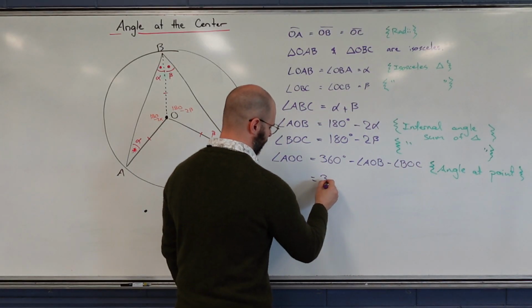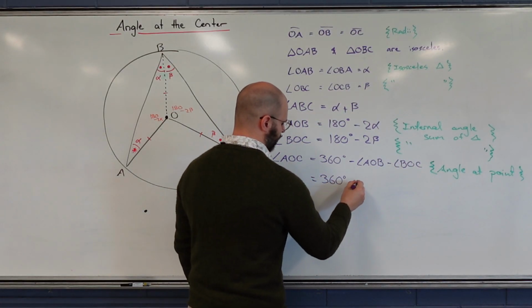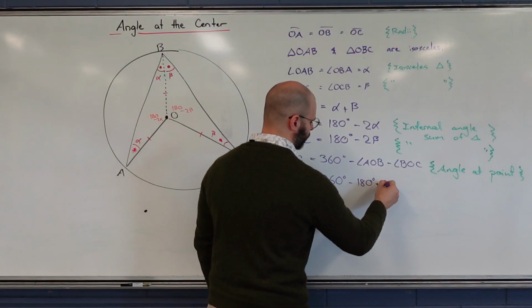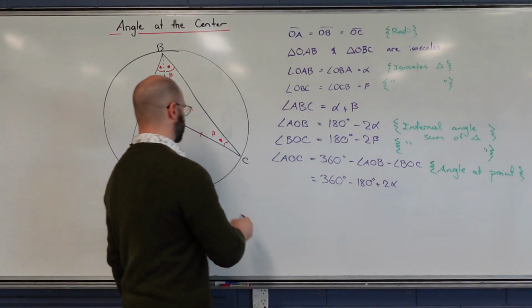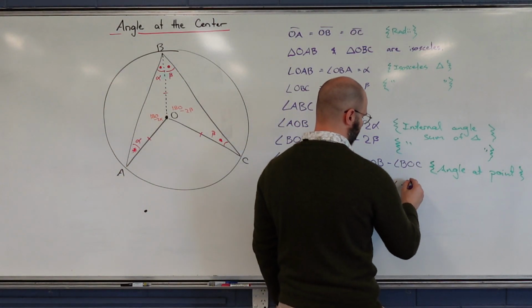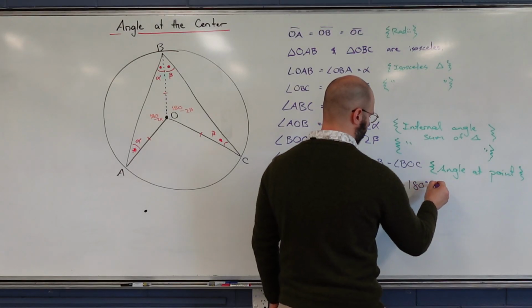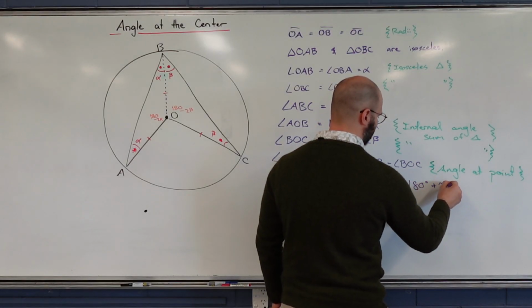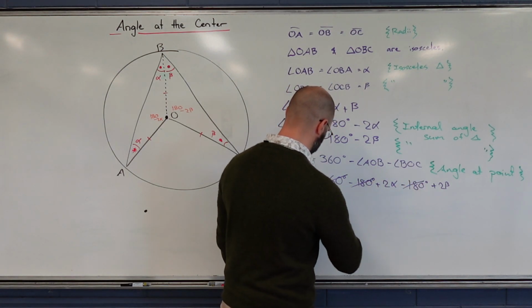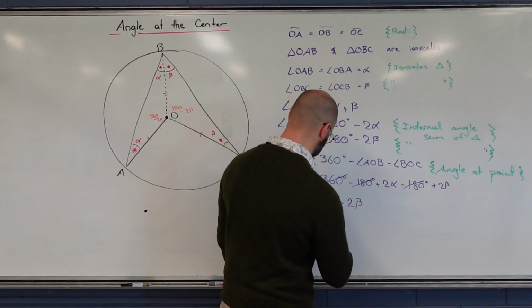Hence, subbing everything in, 360. This is going to be 180 degrees, and it turns into a plus 2 alpha because it's take over here. So it's take 180 plus 2 alpha, take 180 plus 2 beta. These cancel. 2 alpha plus 2 beta.